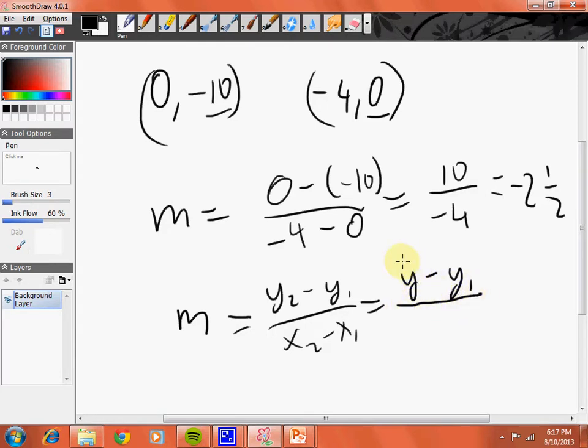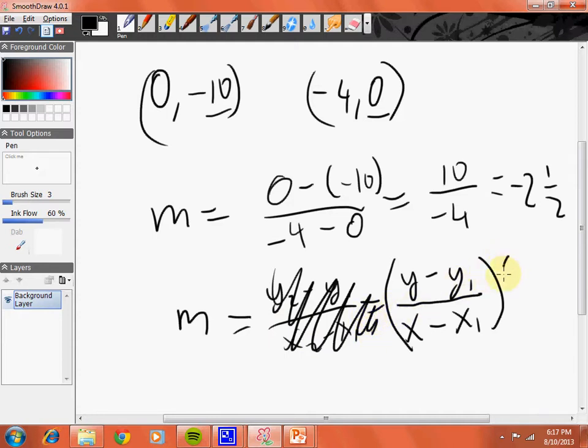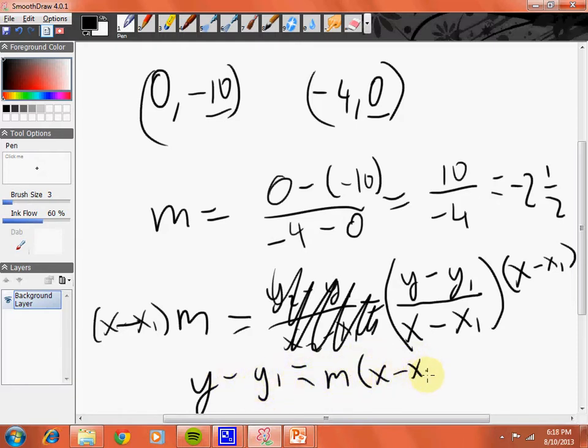It's just a variable y. This could be any y. Then if you have this equation, you could multiply both sides by x minus x1, and voila, you have your y minus y1 equaling slope times x minus x1. So if you don't remember this equation, it's just a slope equation, but it was tempered a little bit to make it look like this.